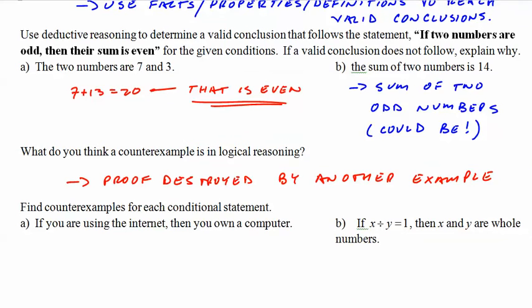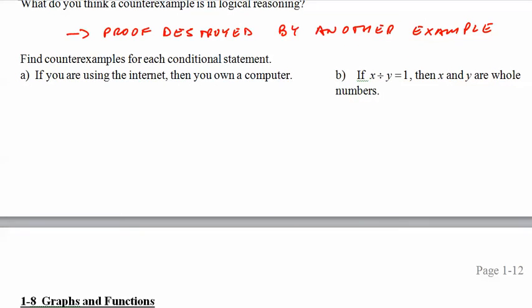It's the best way to disprove things, because it's really hard to prove something, but it's really not that hard to prove it doesn't exist. Using the internet, you own a computer, and all you have to do is come up with a counterexample. It could be on your phone. It could be at the library. It could be using a friend's computer. We can go on and on and on.